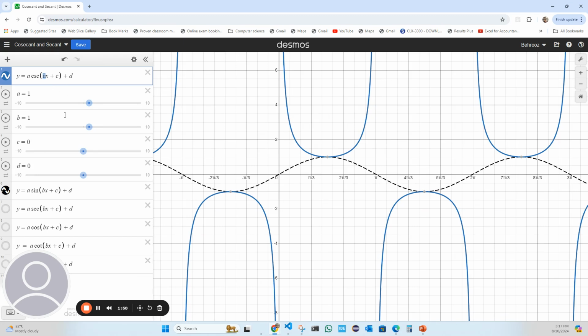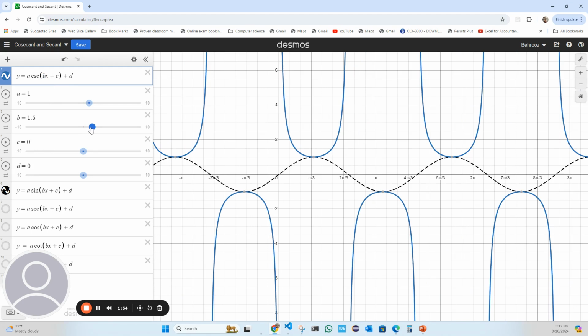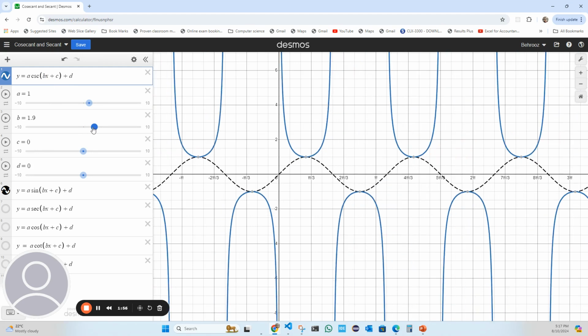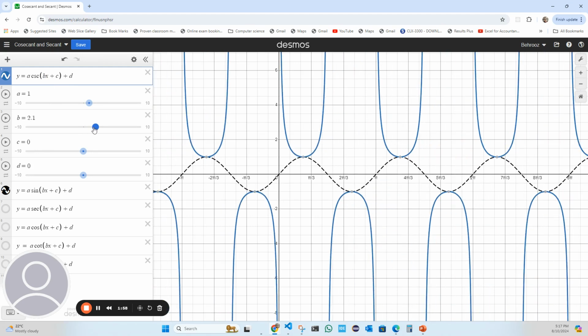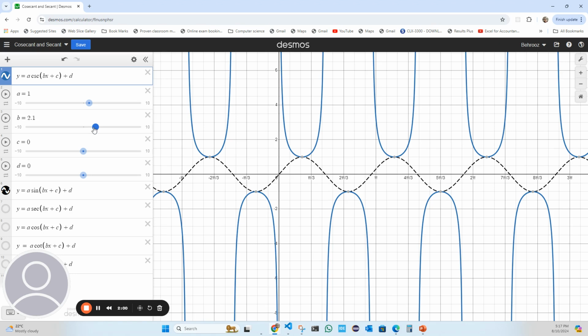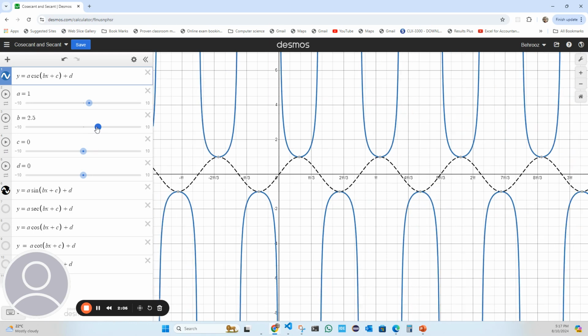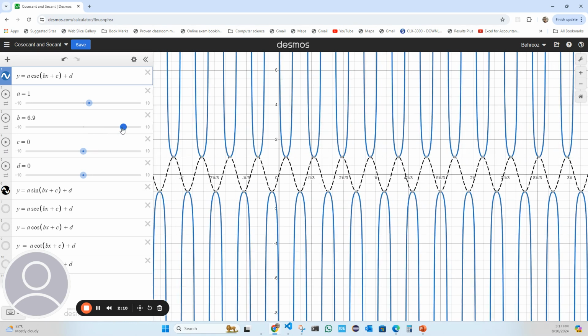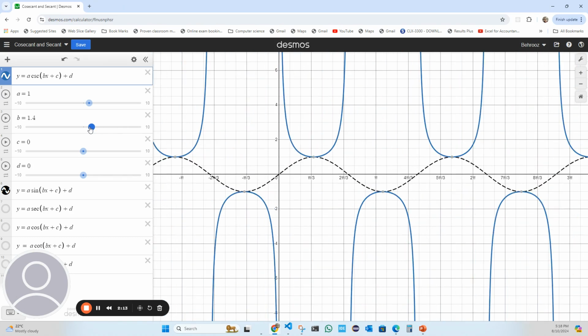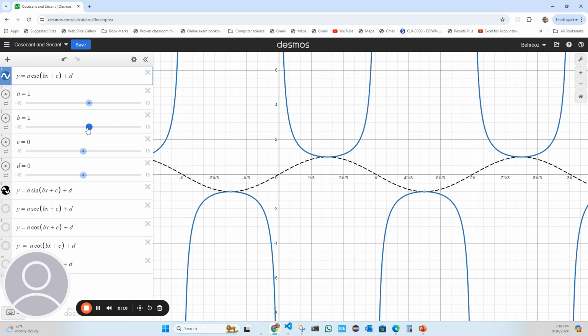So increasing the value of b will squash the graph, or rather stretch it with a factor that is the opposite, or rather divide the x values by this factor b. So if I reduce the value of b, the graph gets stretched.